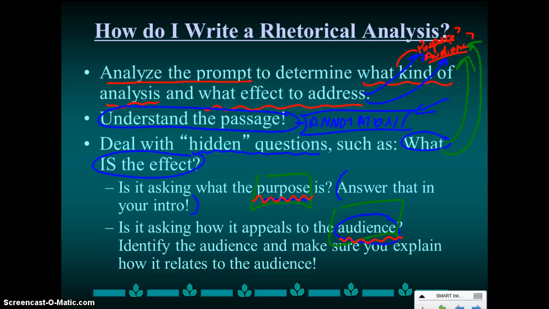Because her audience is an Arab leader, right? So knowing this is very, very important. Why would she bring up the fact that her son could potentially be very ill? Because she's trying to get him back home. So those two things are going to be very important for you to identify in your essay.